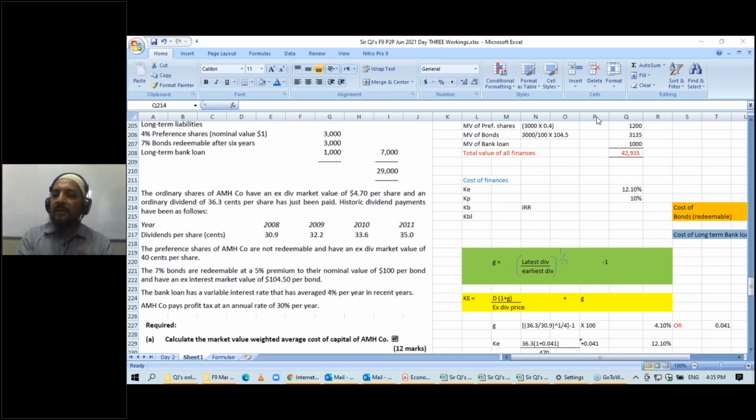Like in preference shares, I divided the preference dividend by the market value. So in case of irredeemable, you directly divide the return by the market value. But in case of a bond which is irredeemable, you will deduct the 1 minus t element to adjust for the tax shield. Okay, I'll give you the formula for it.